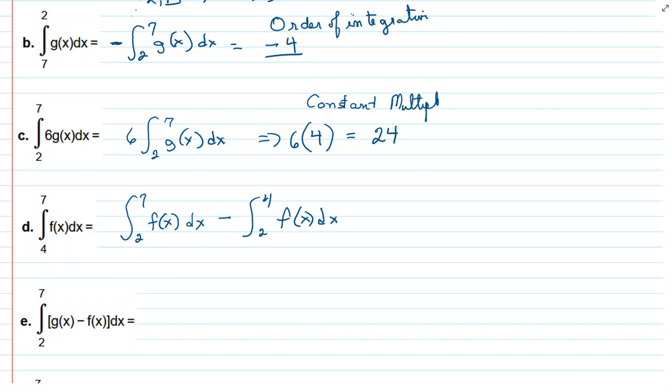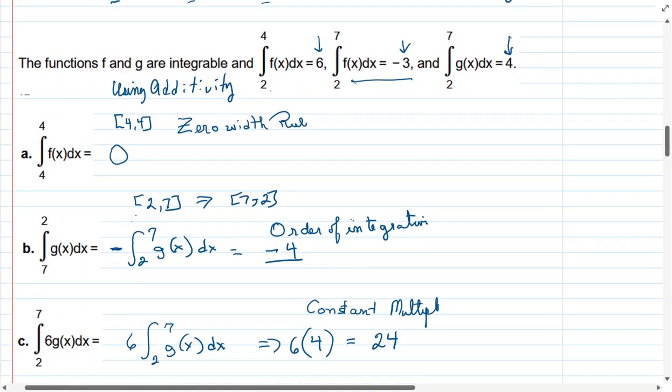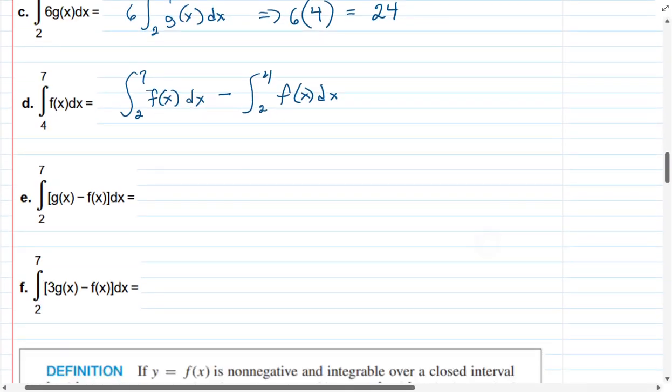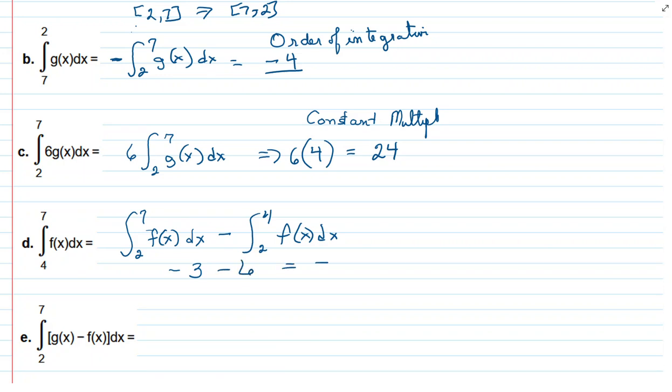We're removing this portion from that. So we recall that our negative 3 minus the 6, so we'll get a negative 9.